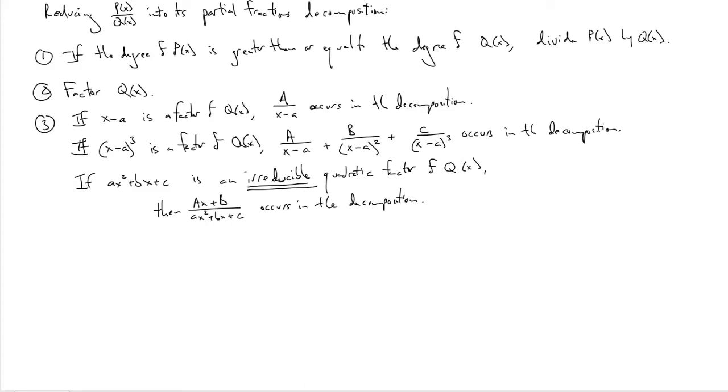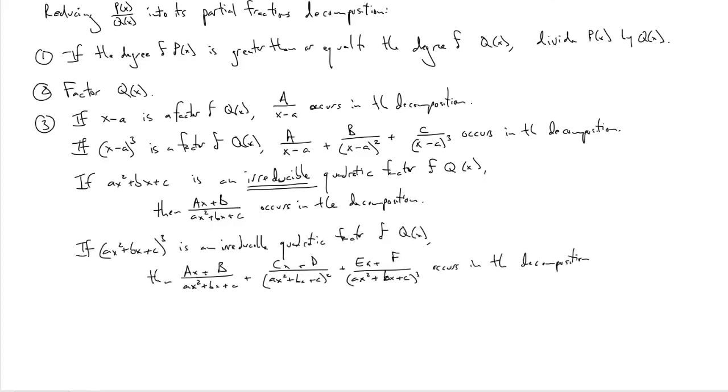And the final case is just the generalization of this case like we did with the linear factors. It looks ugly, but it's really not any worse. If the irreducible quadratic factor of the denominator shows up to some higher power than 1, like in this case I've chosen 3, well then, just like we did for linear factors, you need multiple terms in the partial fractions decomposition. How come?